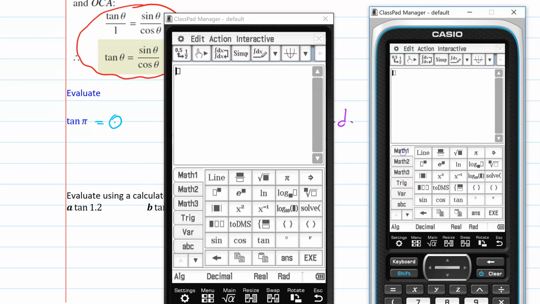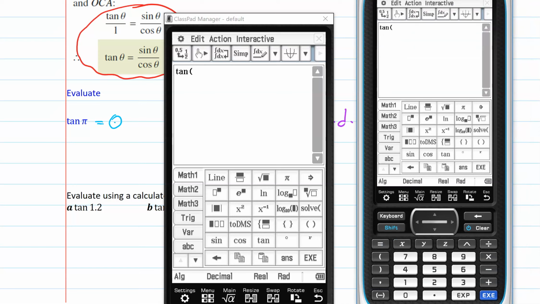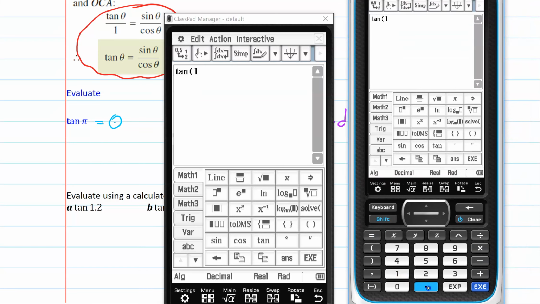Or you can just go in here in math 1, because we're just dealing with sine, cosine, and tan. So tan, I'm going to punch 1.2. Okay, 1.2. What is the answer? 2.57.